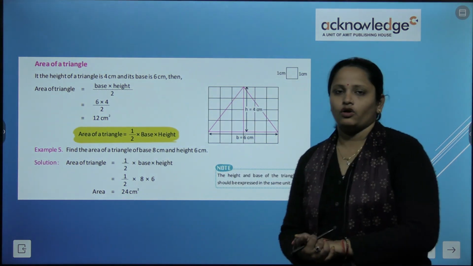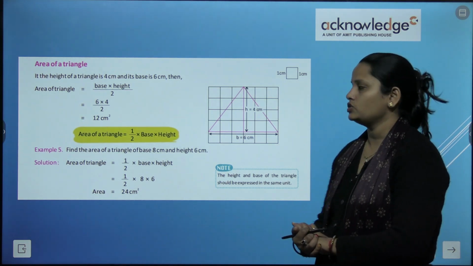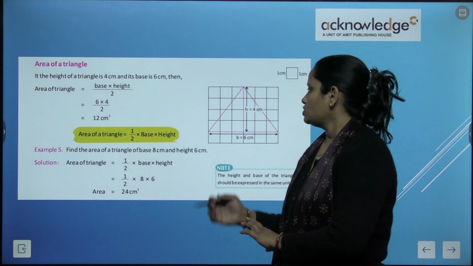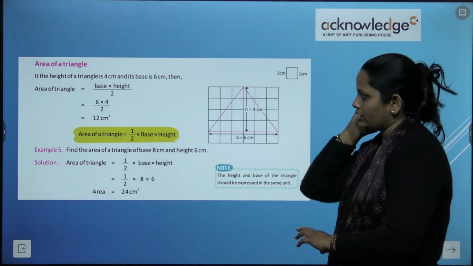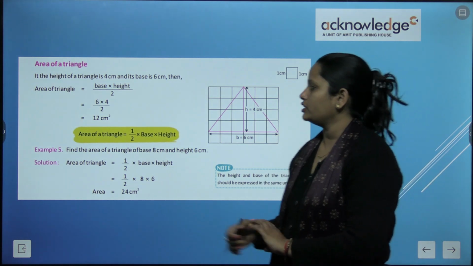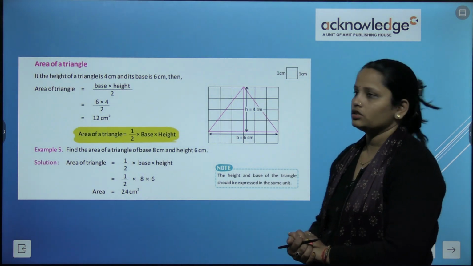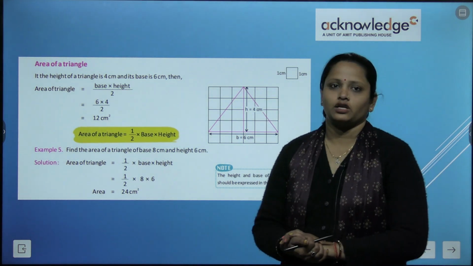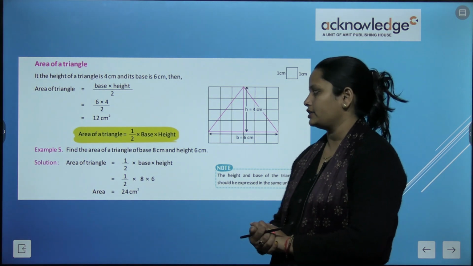So area का फॉर्मूला है ट्रायंगल के बेस मल्टीप्लाई हाइट अपॉन 2. So base is 6, height is 4. इन दोनों को जब हमने मल्टीप्लाई किया we get 24 and then we divide it by 2 we get 12 centimeters square. So here the area of triangle is 1 upon 2 multiply base and height.